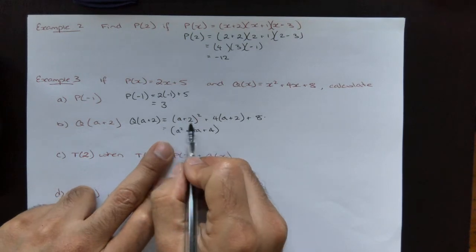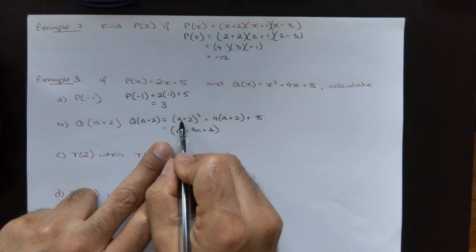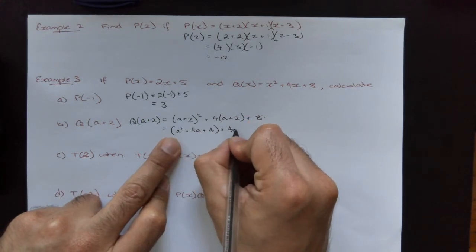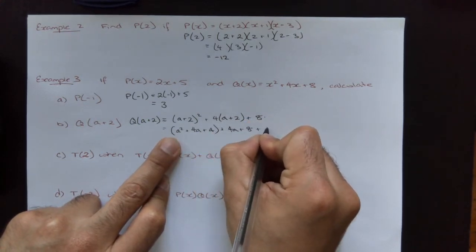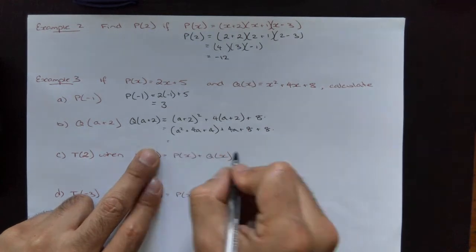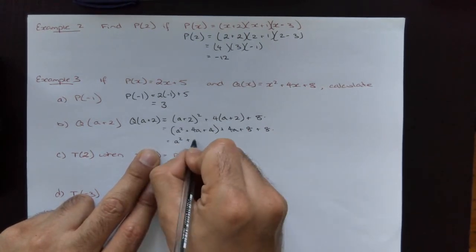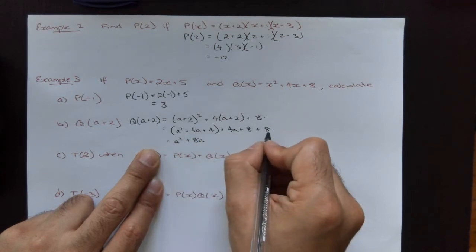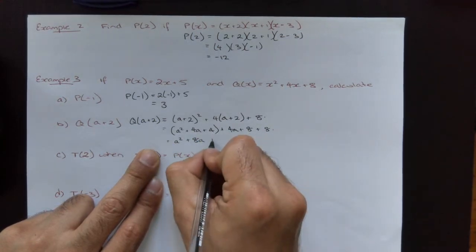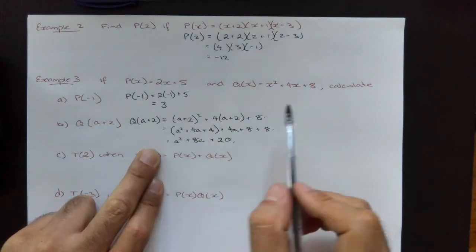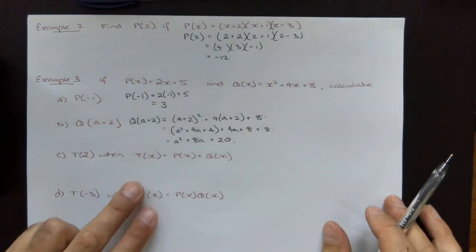So squaring the first term, squaring the last term, multiply them together and then double it. And then expand this, we get 4a plus 8, and then 8 again. So we've got a squared plus 8a, 12 plus 8 plus 20 is our polynomial when we have a plus 2.